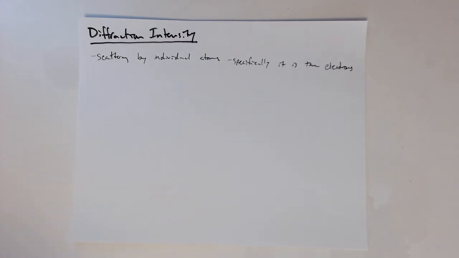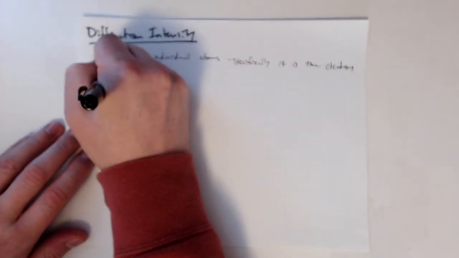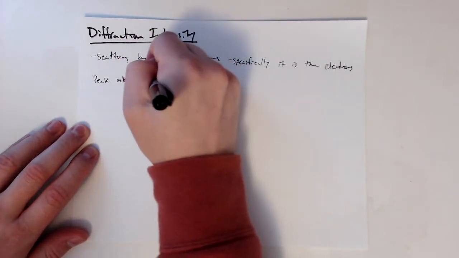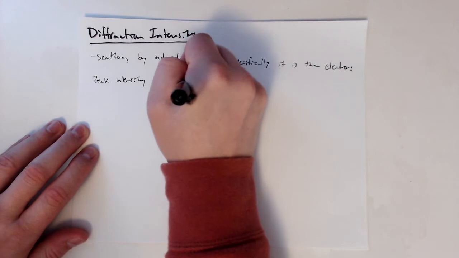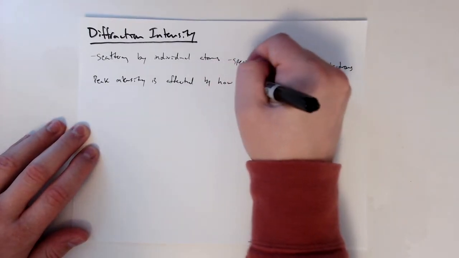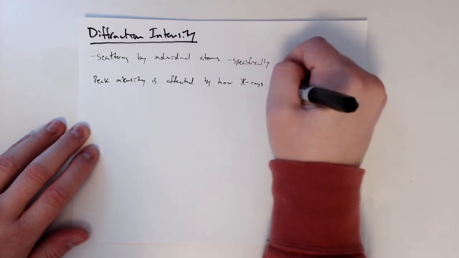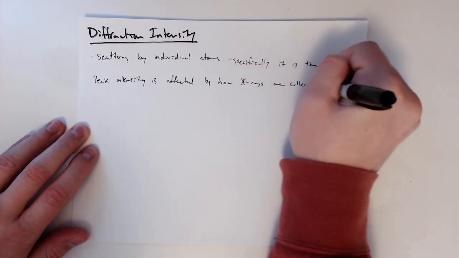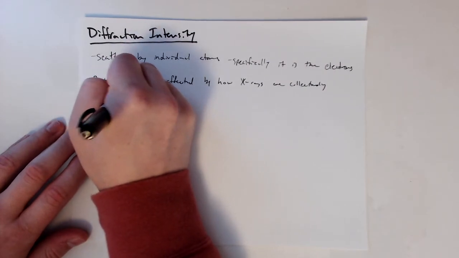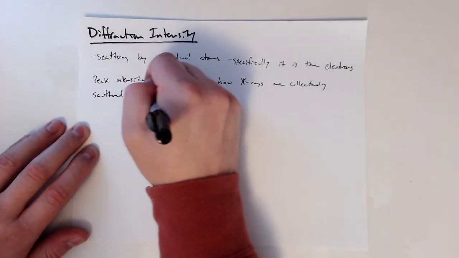So the peak intensity is affected by how X-rays are collectively scattered in a given direction.